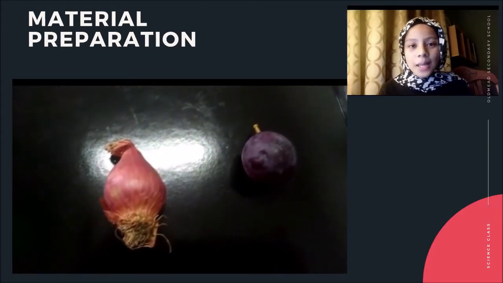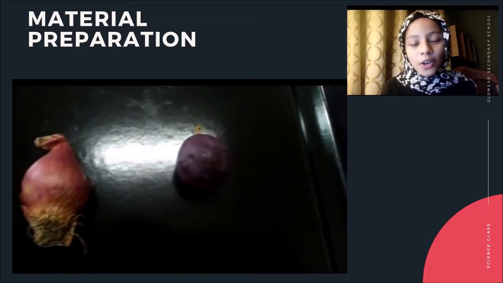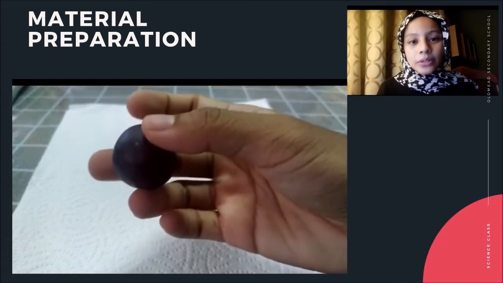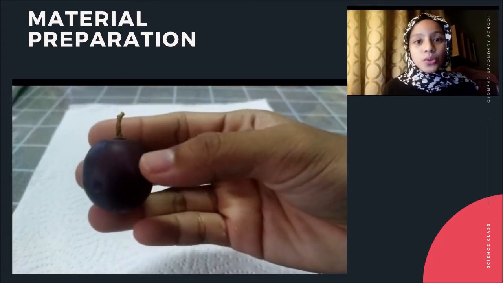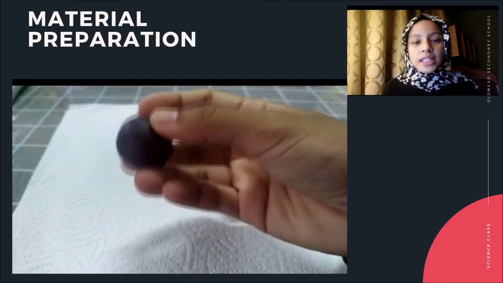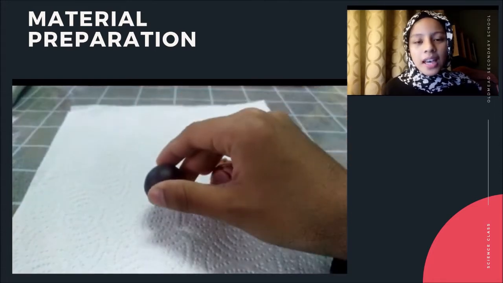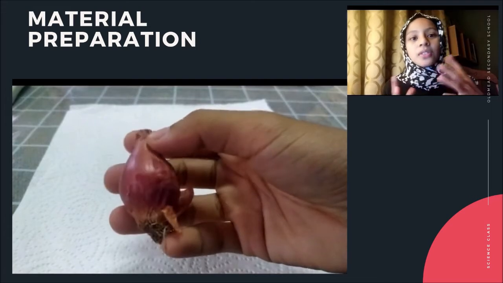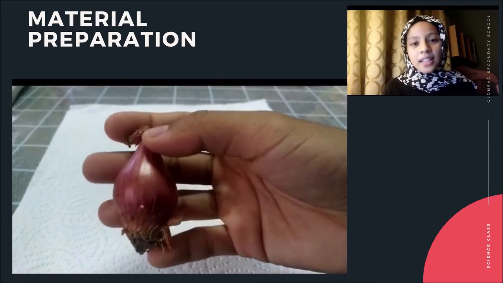As you can see, the samples chosen are comparable in size, with an approximate diameter of 2 centimeters. Sample A, the grape, is a juicy fruit which is ellipsoid in shape, and it has a very smooth outer skin covering the juicy pulp on the inside.